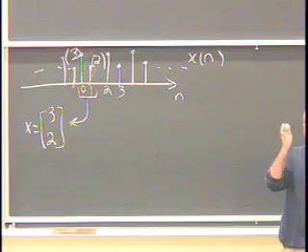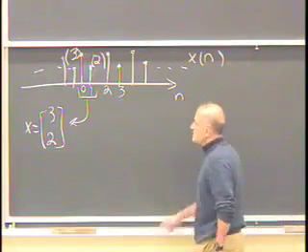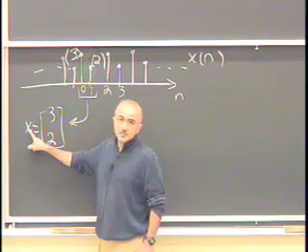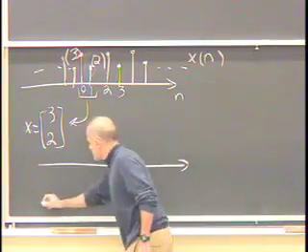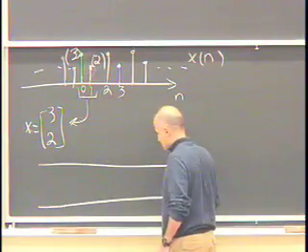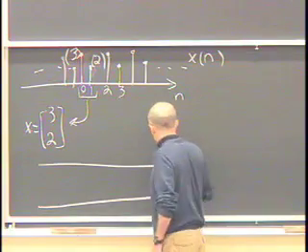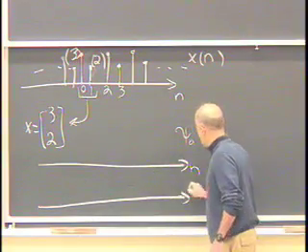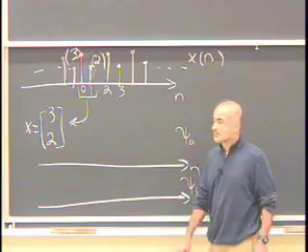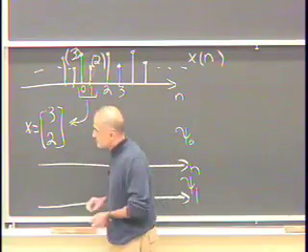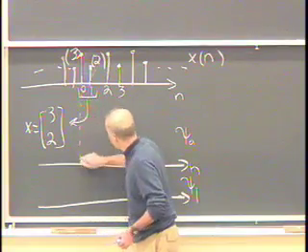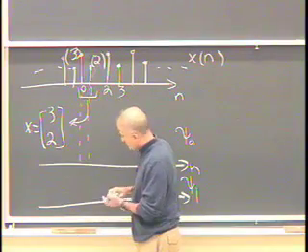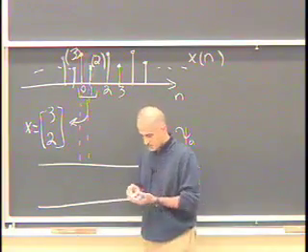So everything is distilled. If I can represent x as a linear combination of two other signals, C0 and C1, such that C0 is what?